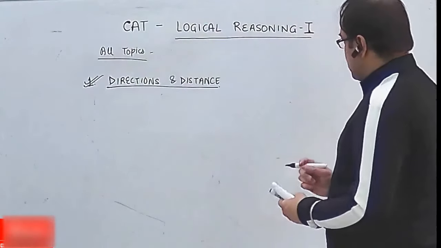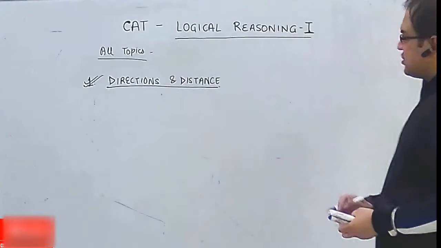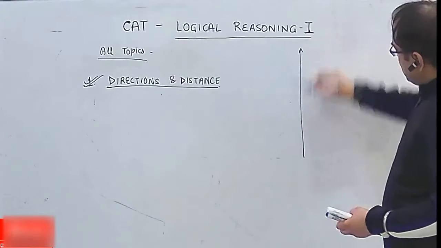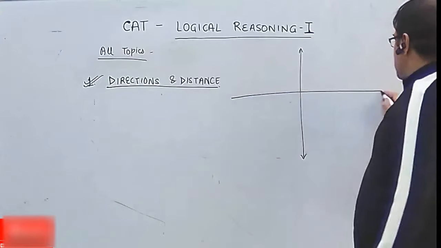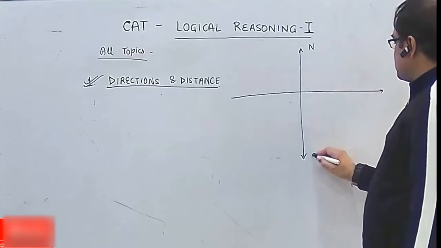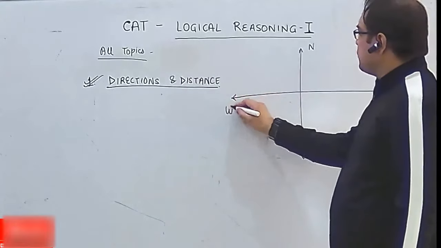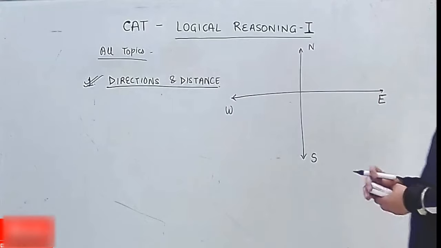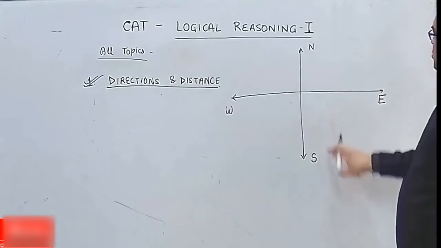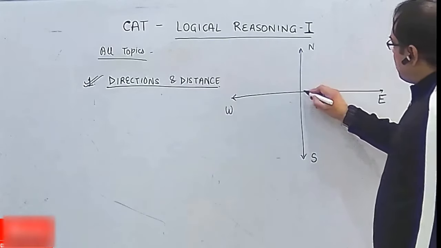So now let us start with the topic called direction. What is direction? Basically four directions are there: north, south, east, west. So let us start with the basics of directions. This is north, this is south, this is east, and this is west. So we need to have a basic idea about what is north and what is south first. And from these basic directions we derive four more directions.